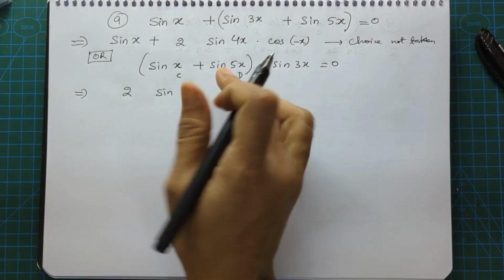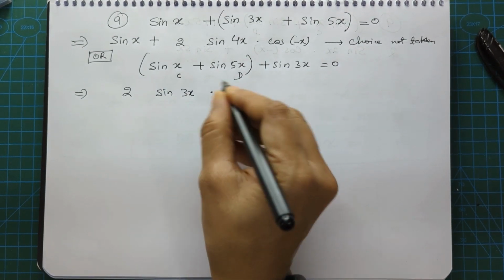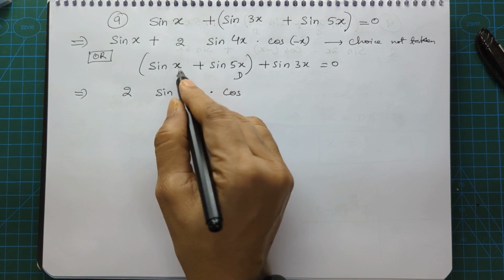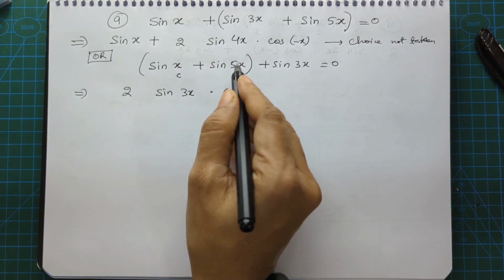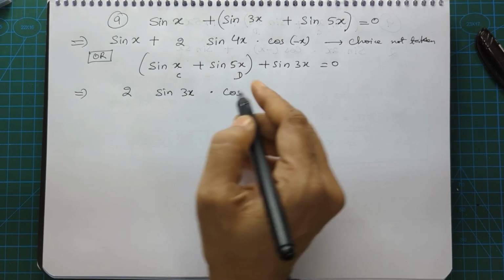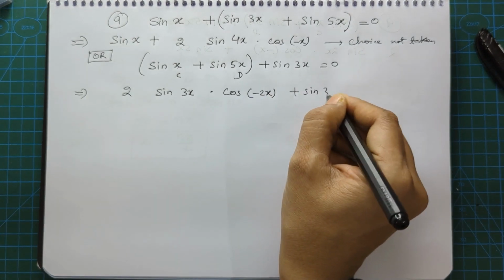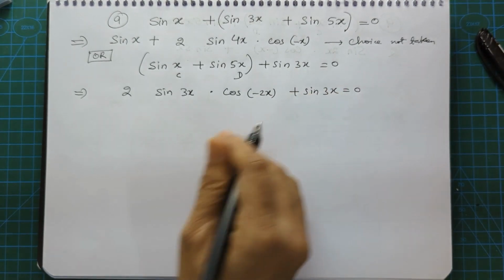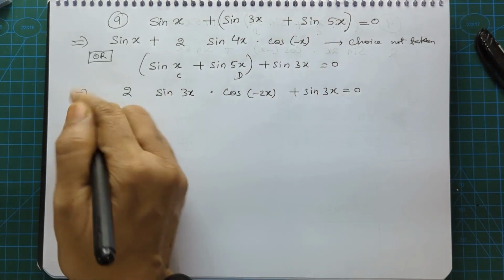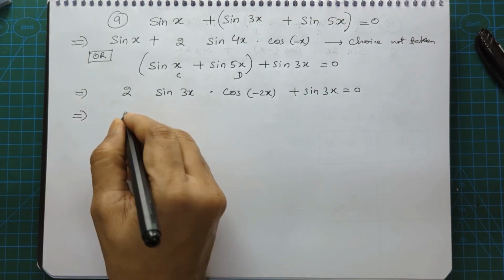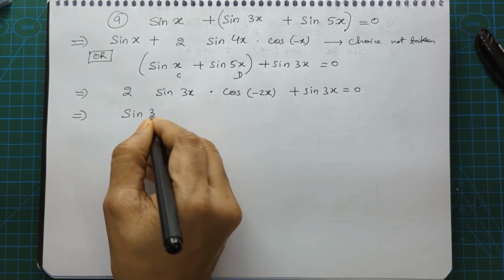So this is the correct combination, times cos of (c minus d) by 2, meaning x minus 5x is negative 4x by 2, so negative 2x, plus the extra term sin 3x is 0. What is the highest common factor? Sin 3x. This is the highest common factor. So I'm taking sin 3x out.